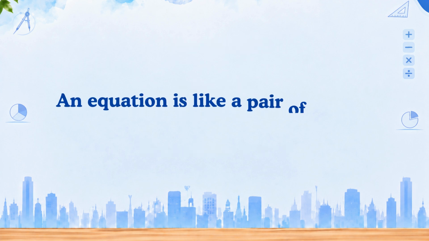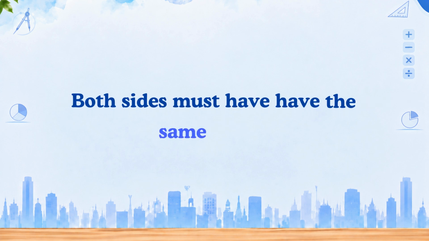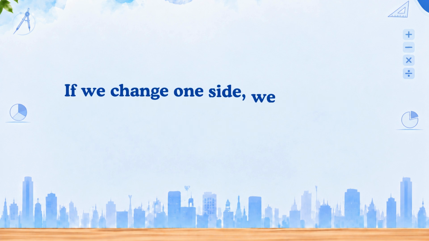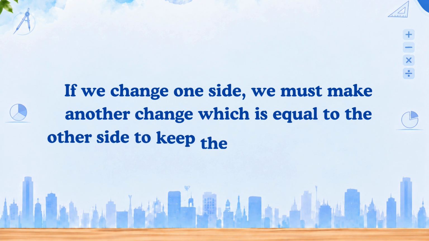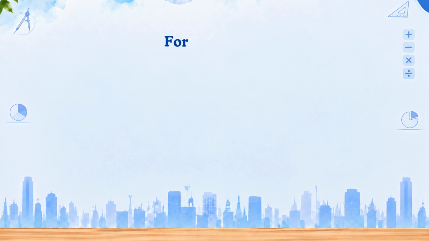An equation is like a pair of balanced scales. Both sides must have the same value. If we change one side, we must make another change which is equal to the other side to keep the equation balanced. For example, we have x plus 5 equals 12.